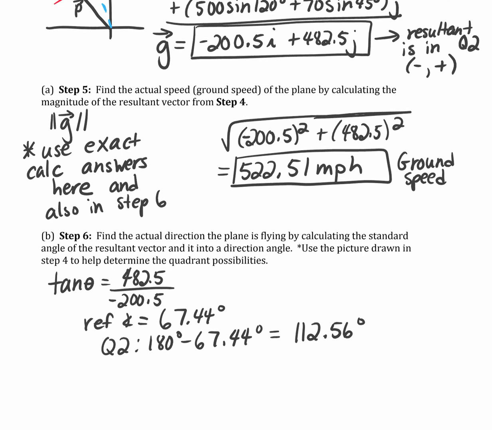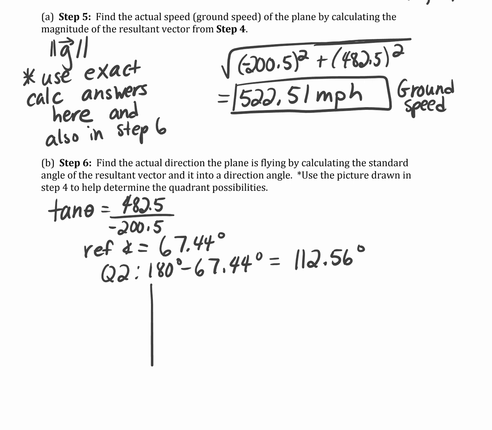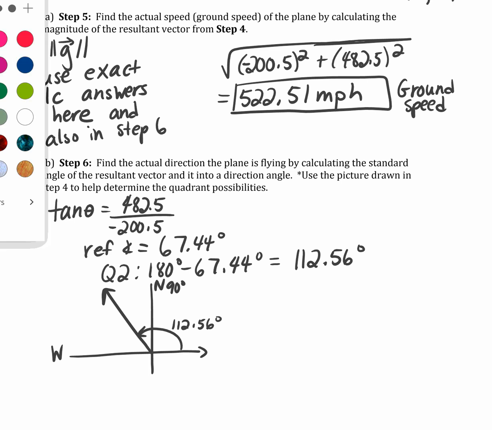Now we want to work backwards to come up with a direction angle. Here's north, here's west, here's 112.56. And because we are looking at north, we want to figure out now this inside part right here.